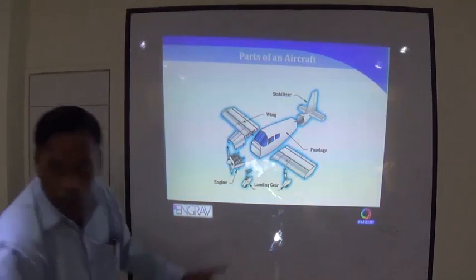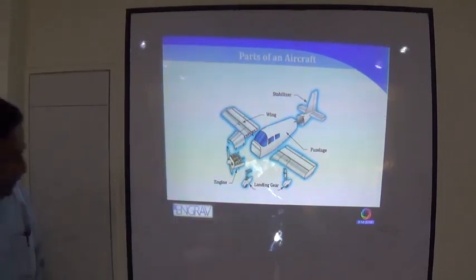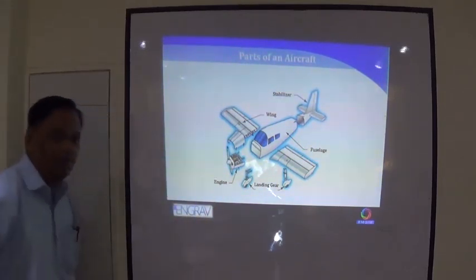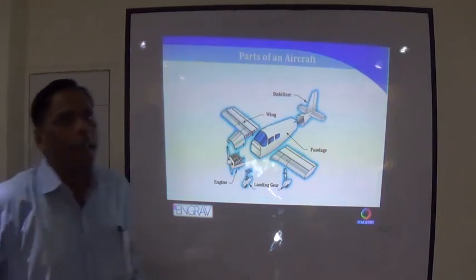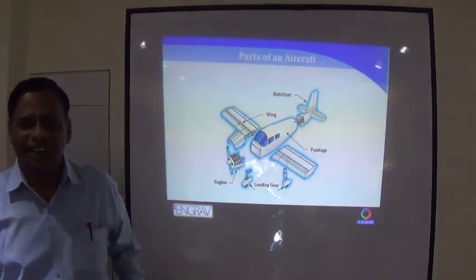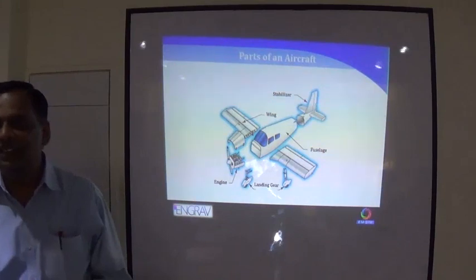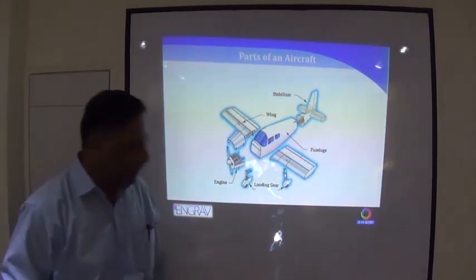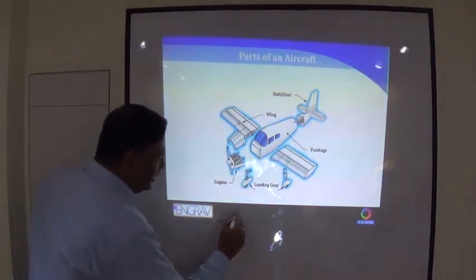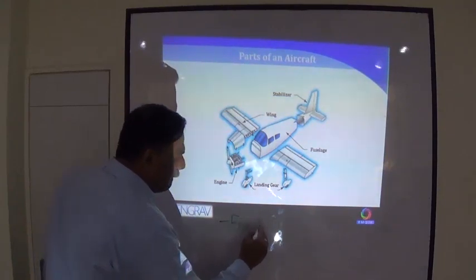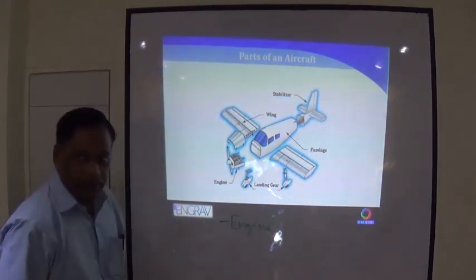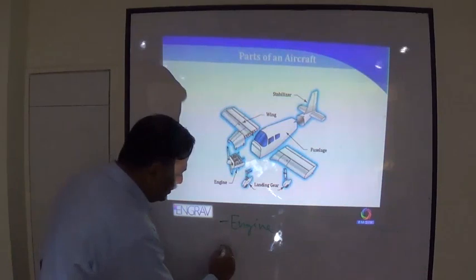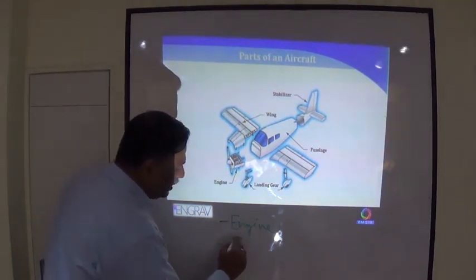I was talking about the controls. I talked about the engine, now flight controls. There are only three parts of the aircraft where one should not take any sort of chance. One is obviously the engine. Second is flight controls.